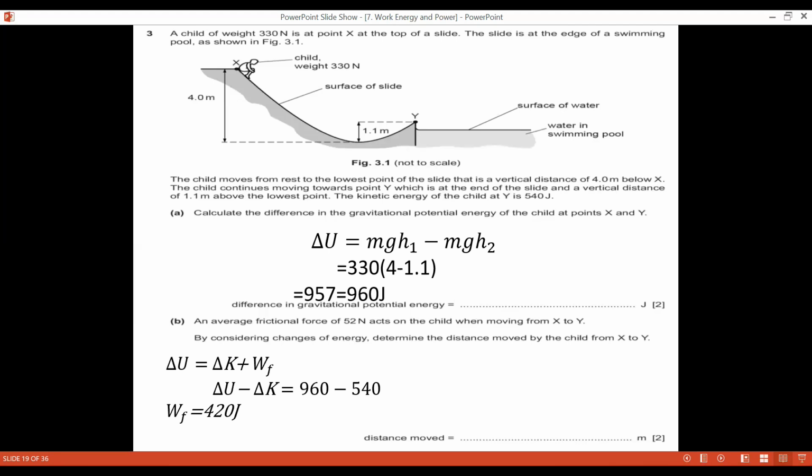This much is the work you have done against friction. F into D. Force is given to us, average force. Distance we have to calculate.